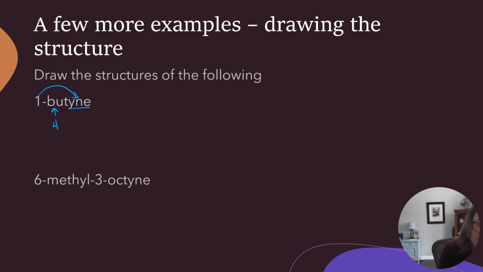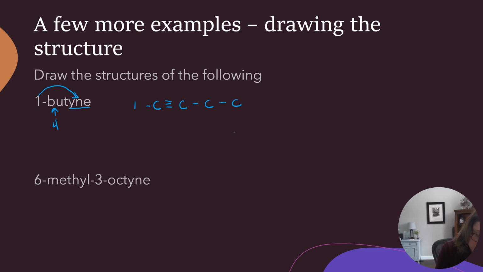So let's go ahead and write these out. So I have 1, 2, 3, 4 carbons. Now again, that 1-butyne tells me that I have a triple bond on carbon number 1. So 1, 2. So there's my triple bond. And my last thing I need to do is to add in my hydrogens.